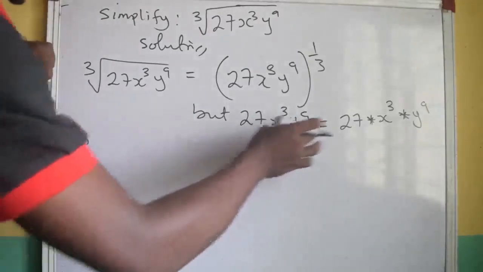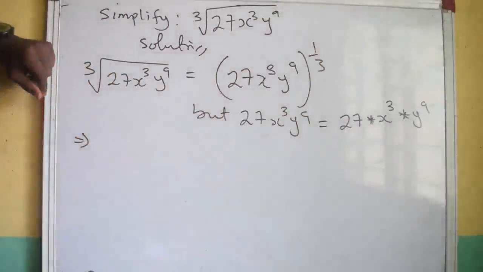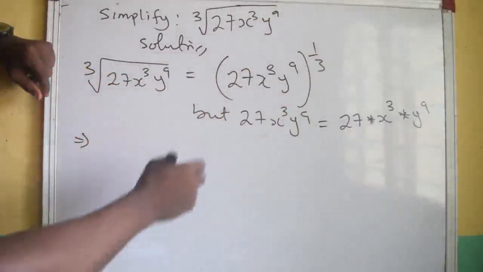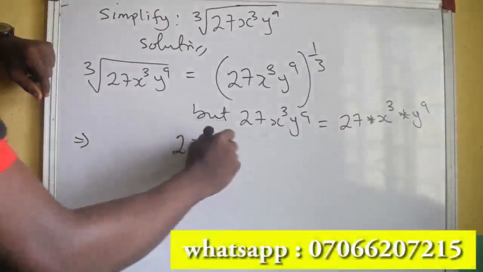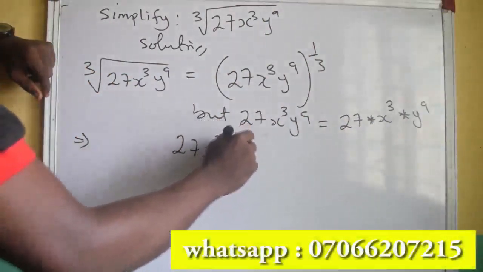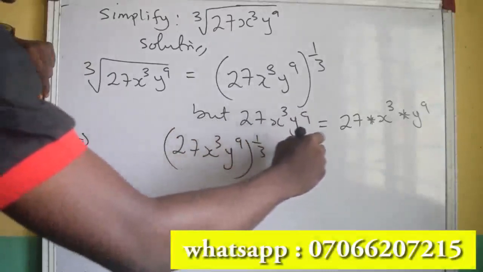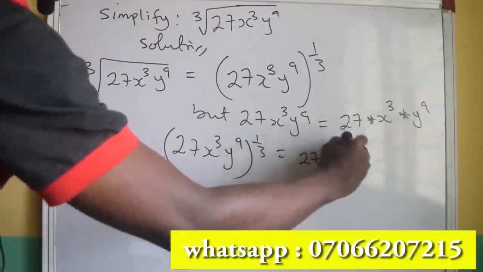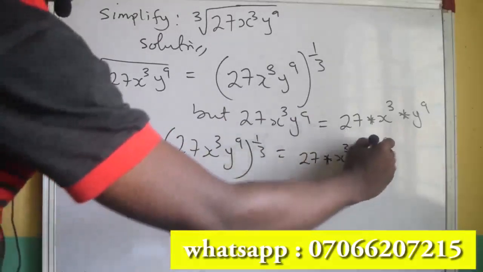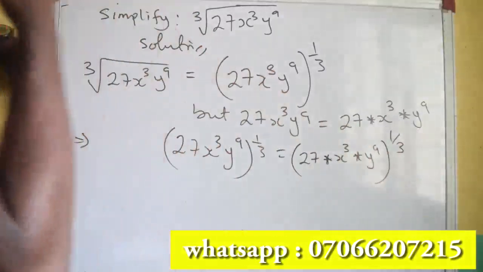Since everything here is the same thing as this, do not forget the power, which is 1 over 3. So it means that 27x raised to the power 3 y raised to the power 9, all raised to the power 1 over 3, is the same as writing 27 times x raised to the power 3 times y raised to the power 9, all raised to the power 1 over 3.